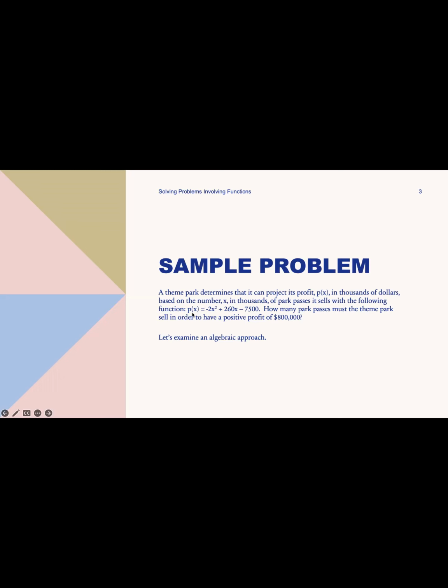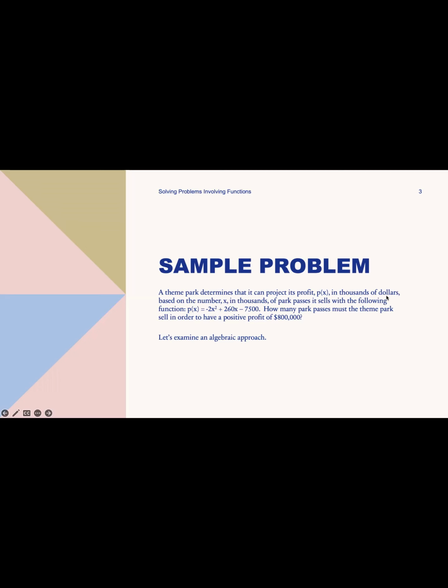When you have a function like this, there's always going to be two variables. You have your dependent variable, in this case P of X, and the independent variable, which is the variable that's in your function, in this case X.